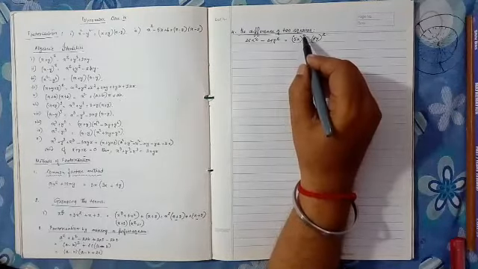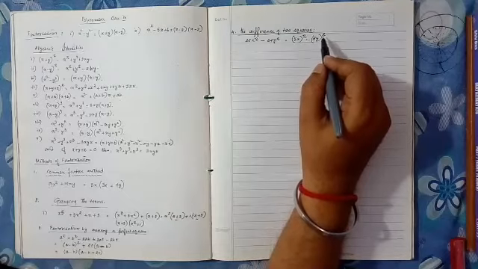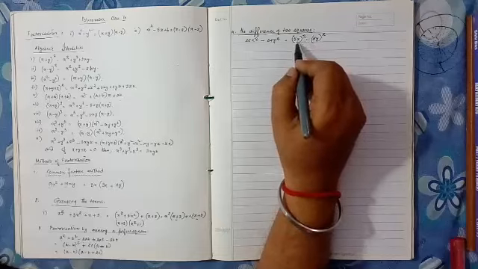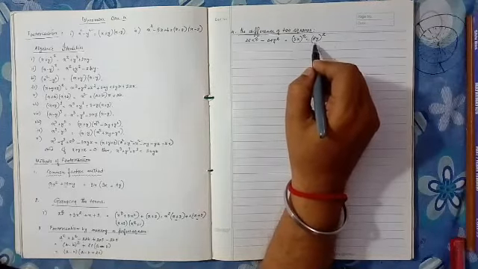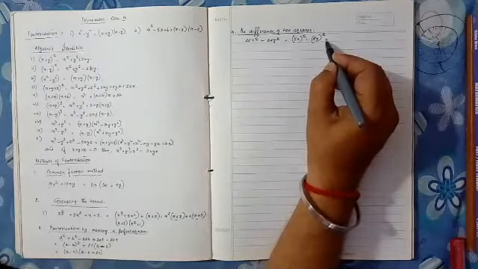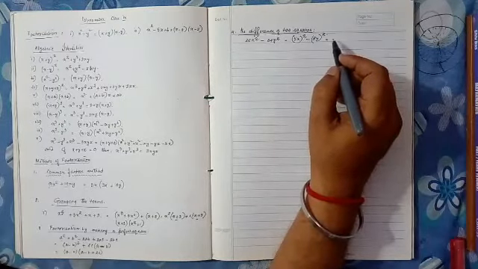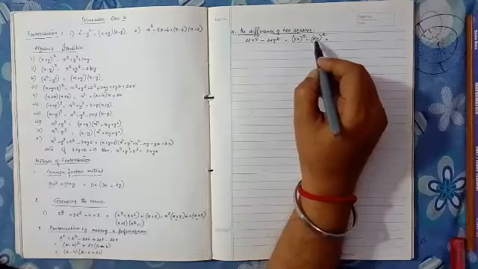So this is similar to the term x square minus y square. Difference of two squares, x square minus y square. What we know? x minus y into x plus y.